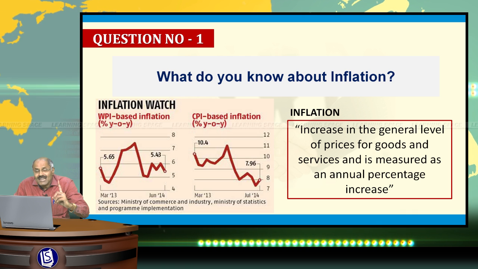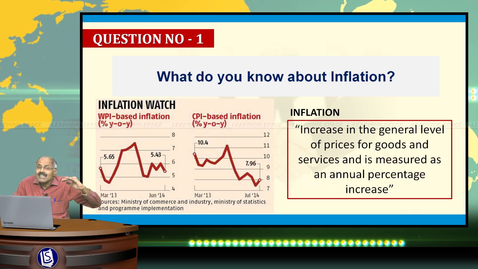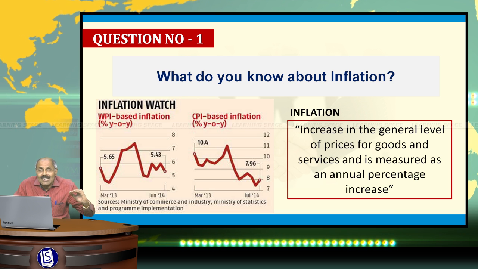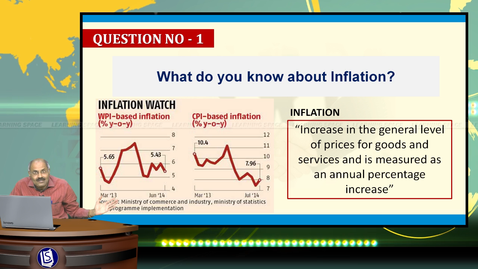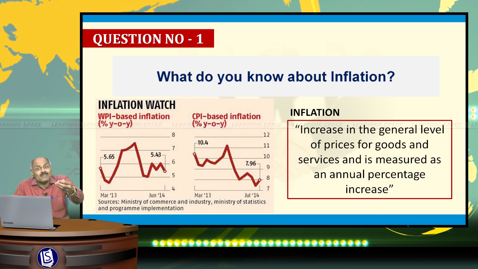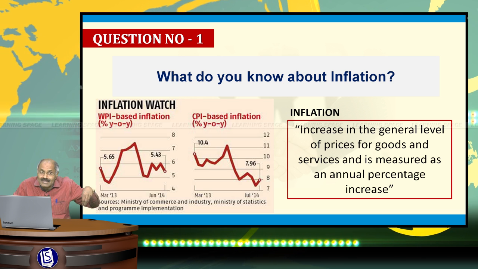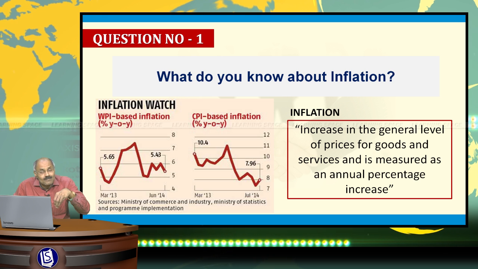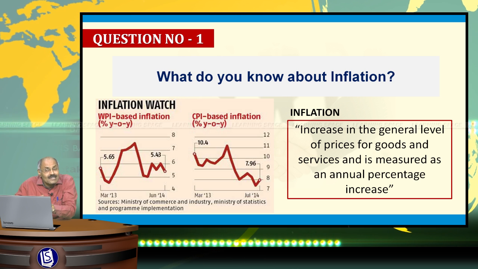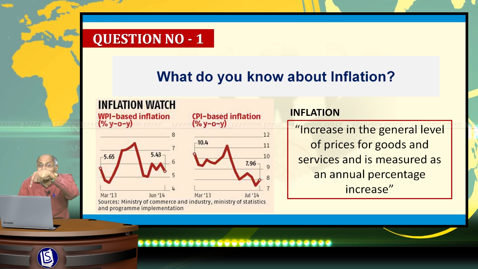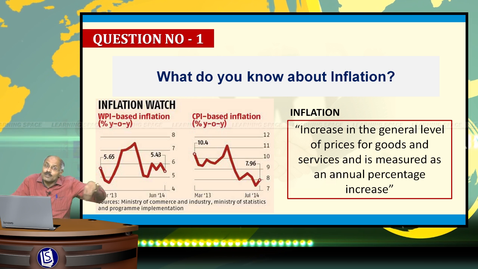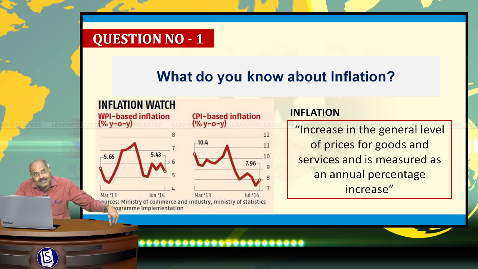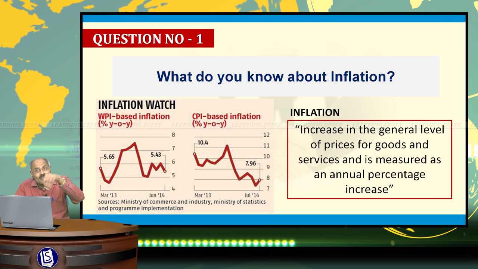So inflation in general is increase in the prices in comparison to corresponding period of last year. So people talk about 5%, 6% consumer price index inflation. That means the prices are increased by 5% or 6% if you compare the prices with the corresponding period last year, right? So this is about inflation.